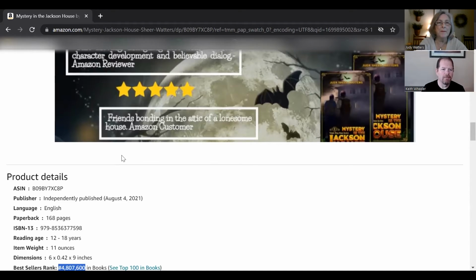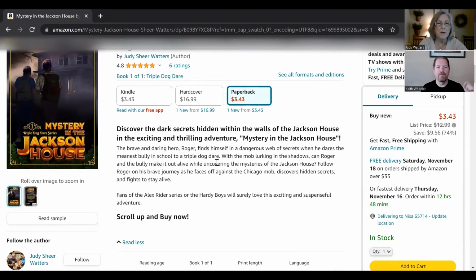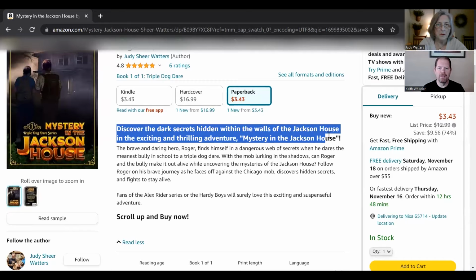Right. So yeah, for this book, I would say before we run ads to your paperback, make this line shorter, make it match the one for your Kindle. Maybe a little bit more, because on your paperback one, it does seem a little bit sparse as far as the text that's in here.